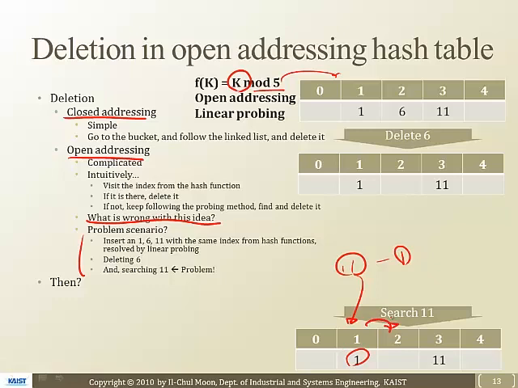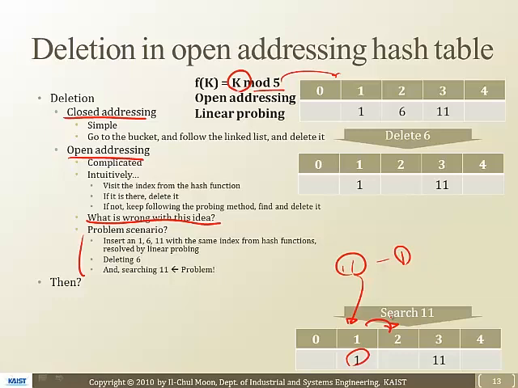So we go to the next door, but it's empty. 11 is not there. Then the logical conclusion is that 11 is not in the hash table. Because if 11 were in the hash table, it must be at index 1 or after linear probing in the next location, and it's not there, so 11 has not arrived yet.